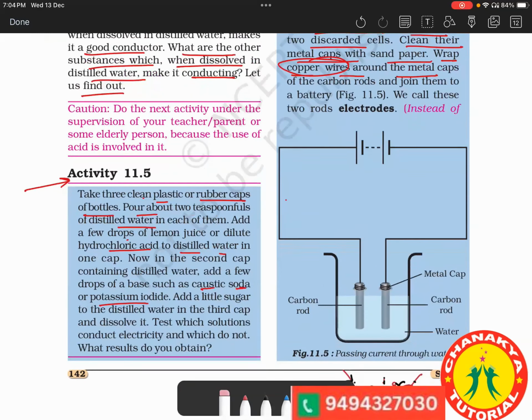Until then, let's move ahead. So we were discussing this activity, activity 11.6. In this activity, we take two carbon rods carefully from the discarded cells, clean their metal caps with sandpaper. Can anyone explain what is sandpaper?